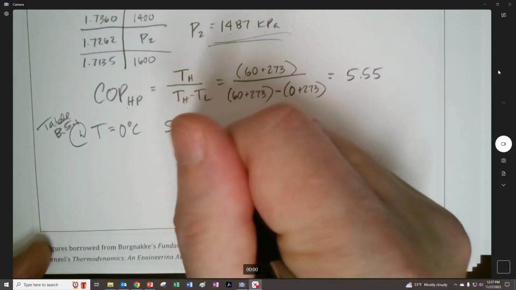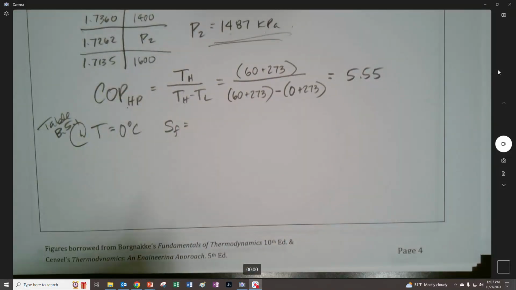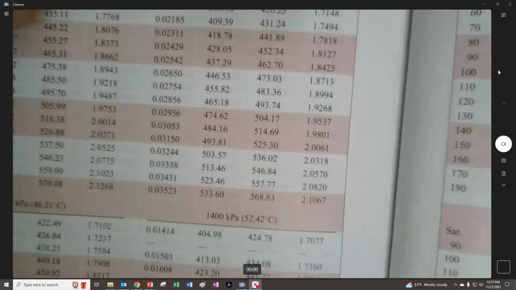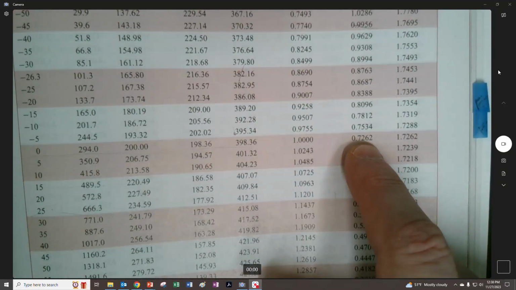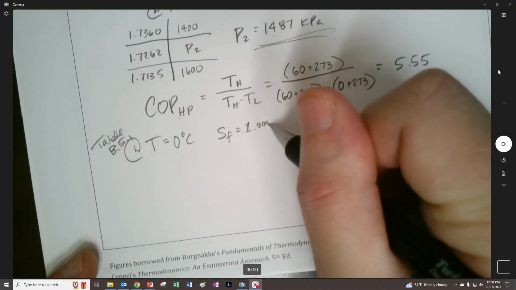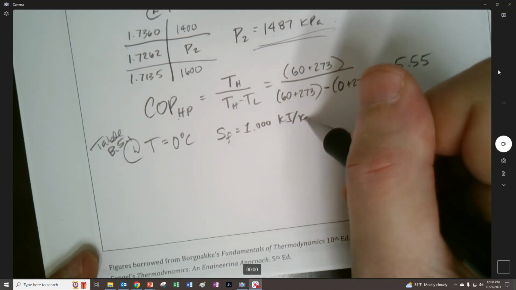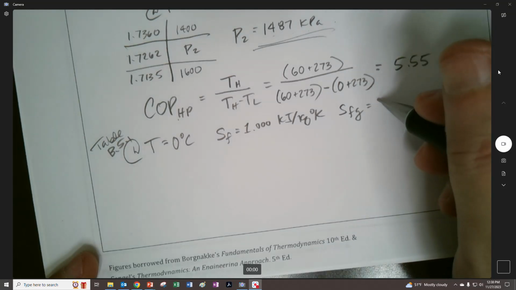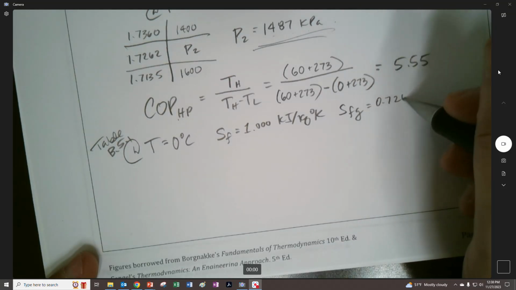We have the SF is equal to... no, we gotta go to the next one. At 0 degrees, we have 1, and we have 0.7262. So SF is 1 and SFG is 0.7262.